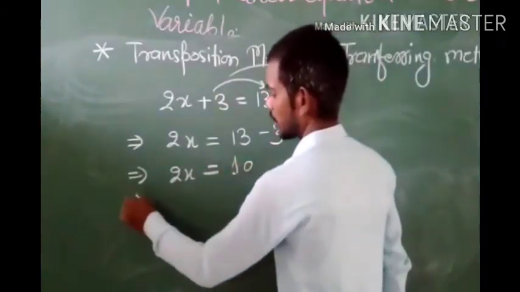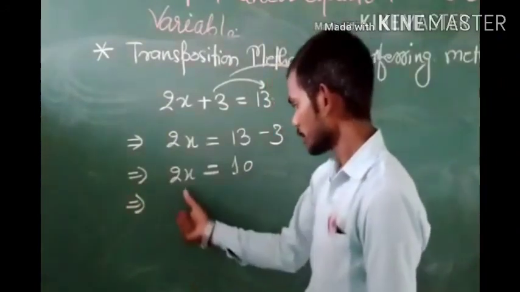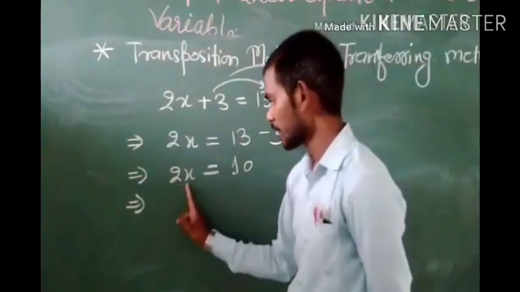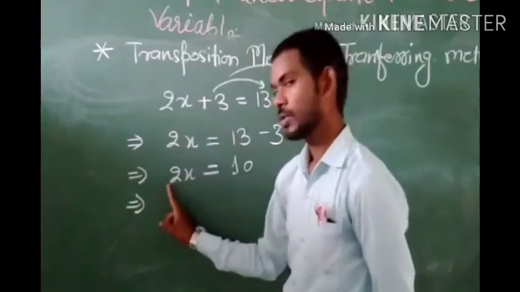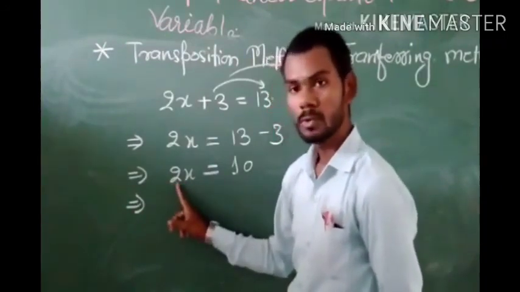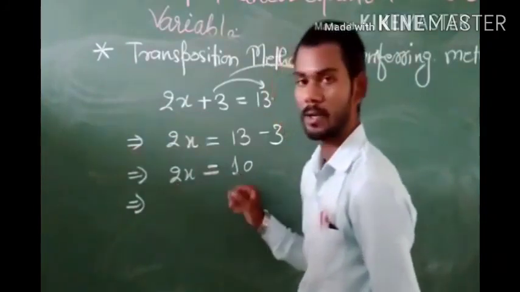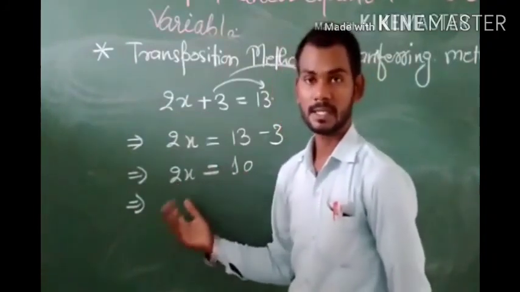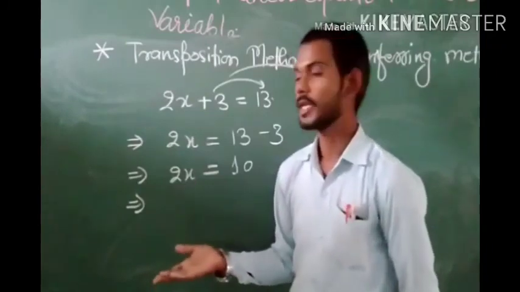And again, here we can see that 2 is multiplied with x. So when 2 goes from the left hand side to the right hand side, its sign also changes.